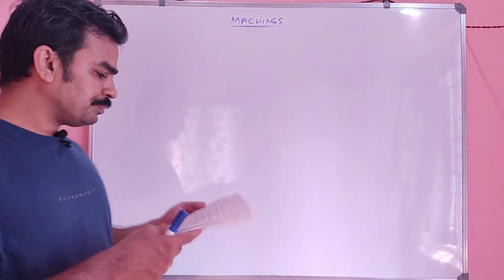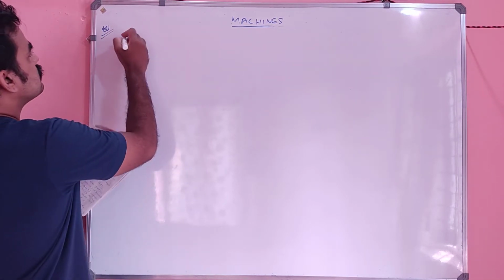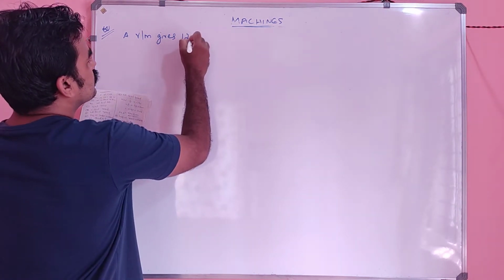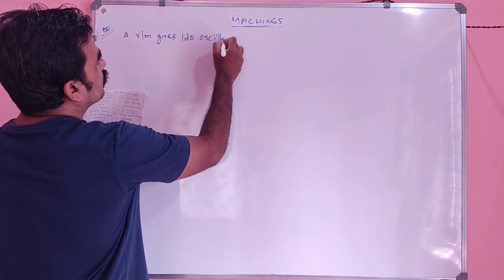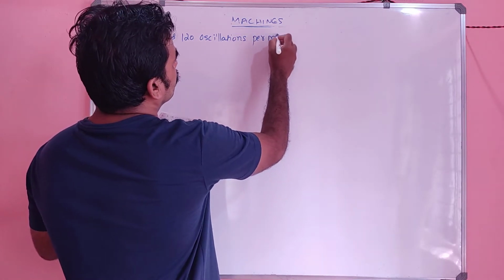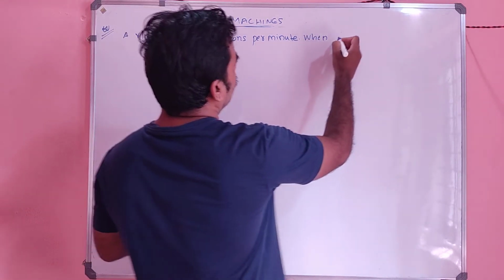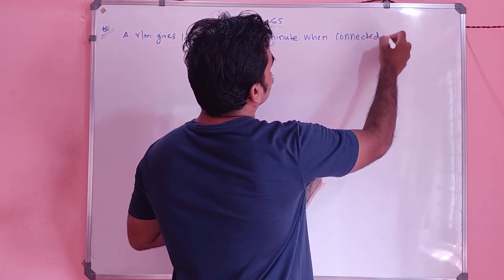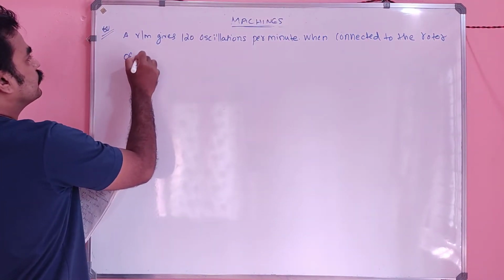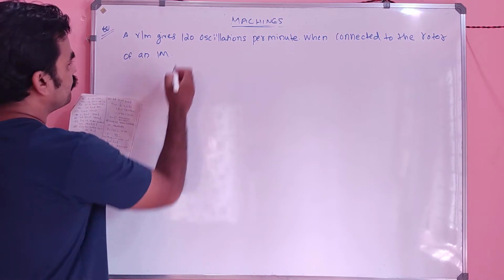So please write a question, my dears. A voltmeter gives 120 oscillations per minute when connected to the rotor of an induction motor.